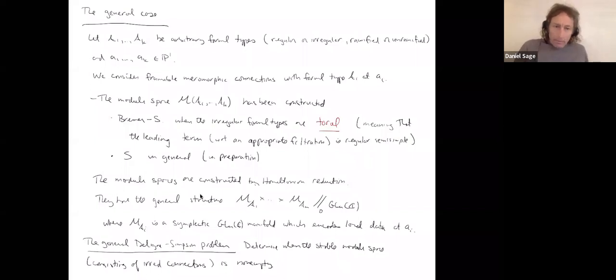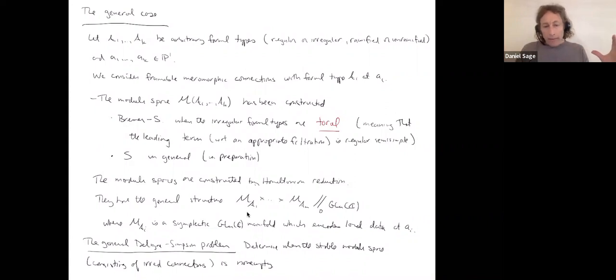Again, I'm not going to tell you what the moduli space looks like, but they're constructed by Hamiltonian reduction, and they have this general automorphic structure where you have some symplectic GL_N(C) manifold, which encodes local data at each point. And then you take the product of them.